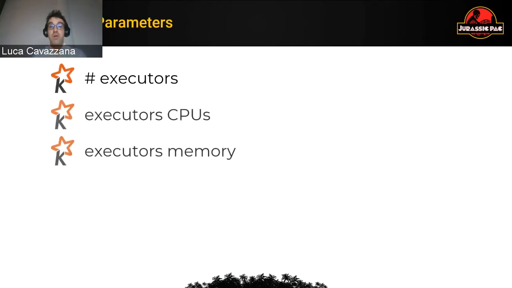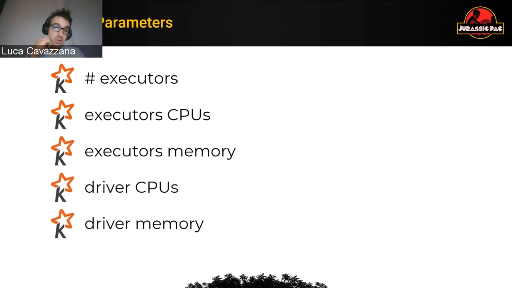So the parameters we are going to tune in this case are the number of executors, namely the number of processes that crunch the different partitions of data in a parallel fashion, the number of CPUs and the memory allocated to every single executor.